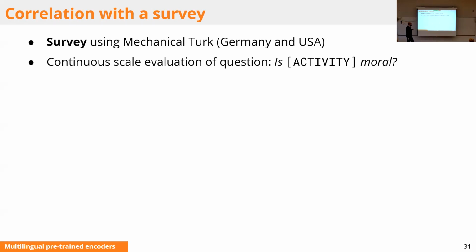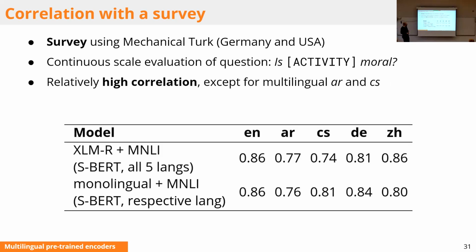And the people were asked questions like, is this activity moral? And the activities were like smiling at friends, traveling to Africa, some random phrases that some people came up with.